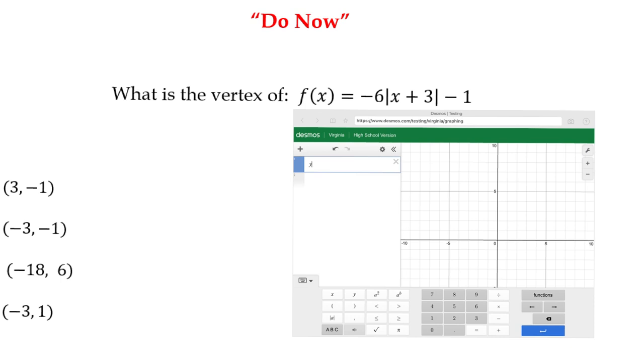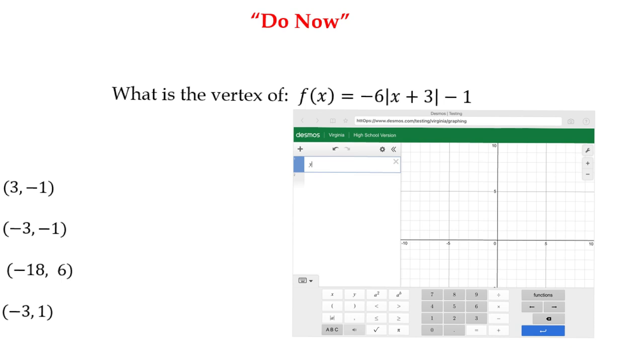It is opening down. And the reason it's opening down is because of this negative. Okay, it is skinnier, which means that 6 is a stretch. It made that graph skinnier. The plus 3 shifted it 3 units to the left, and the minus 1 shifted it down.